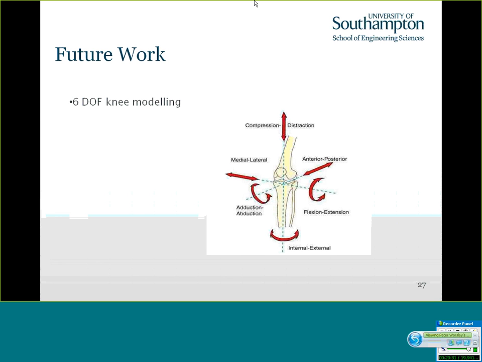And perhaps we'll have to look to other modalities such as fluoroscopy to get a slightly more accurate idea of how the knee is translating and rotating in order to input that information into a musculoskeletal model.